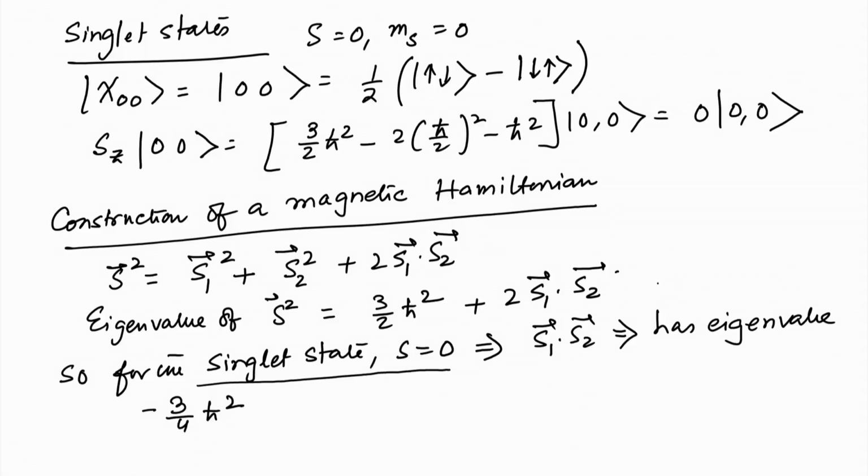If you put the left hand side equal to 0, the S 1 dot S 2 has an eigenvalue of minus half of 3 by 2 ħ square, which is minus 3 by 4 ħ square.